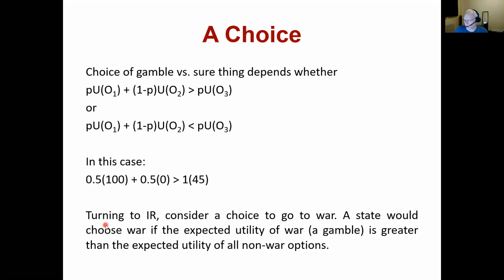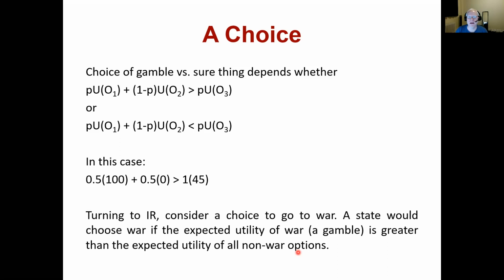Turning a little bit more to IR, consider a choice to go to war. A state would choose war if the expected utility of war, which is always a gamble, is greater than the expected utility of all non-war options, right? There's no wars that are sure things. There's some that may look like it, where you may have a very high probability of winning, but wars are never a sure thing. So there might be options of doing nothing where you know what you're going to get.